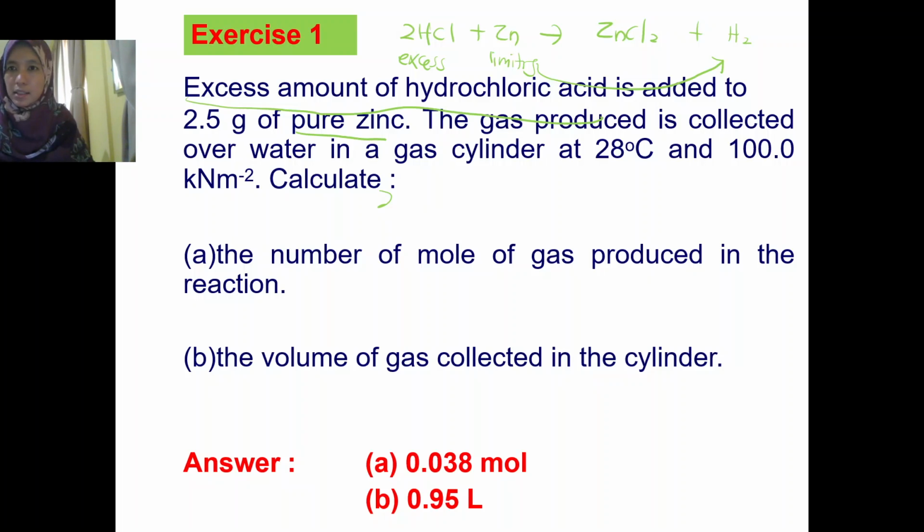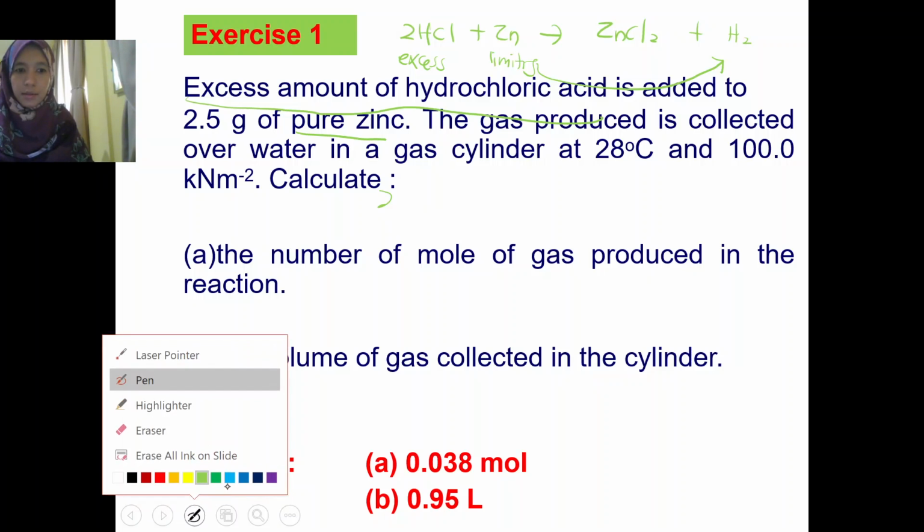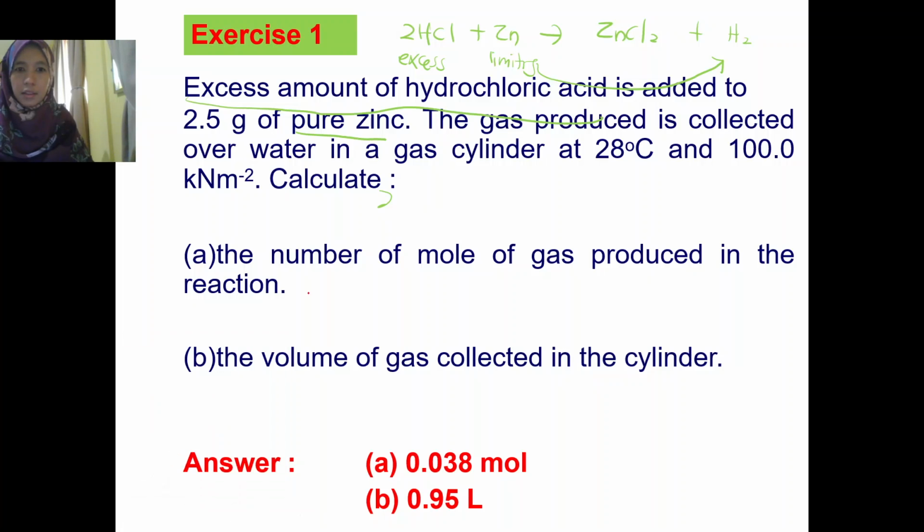Meaning mole zinc will be equal to mole hydrogen. So we just calculate mole for zinc, using mass zinc over Ar of zinc. So zinc 2.5 gram divided by 65.4. So we have 0.03822 mole.